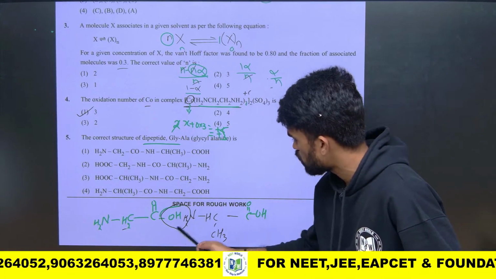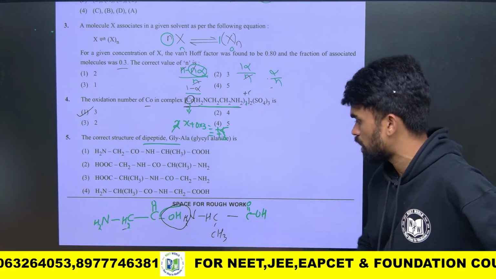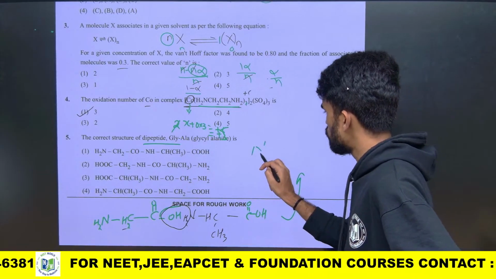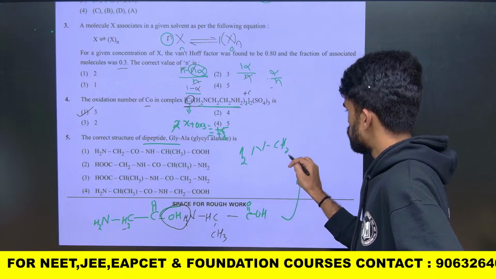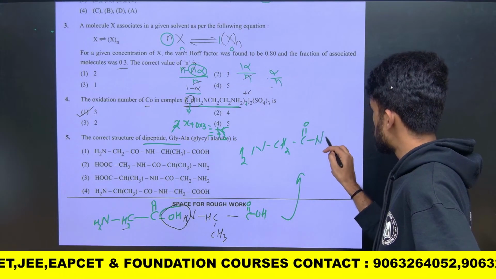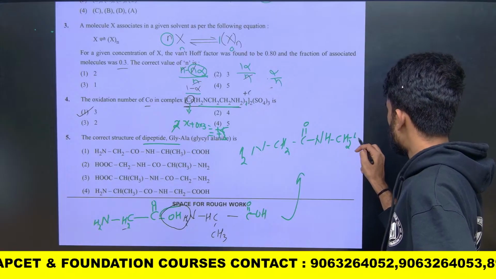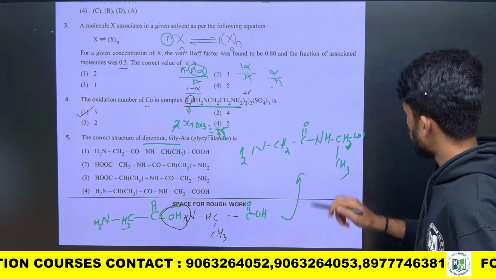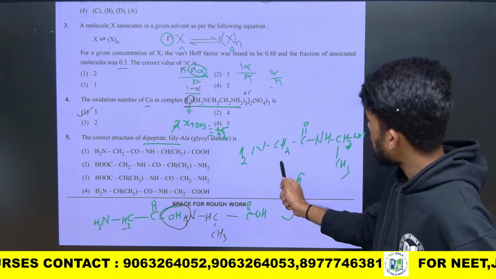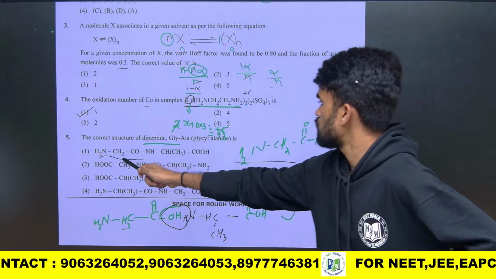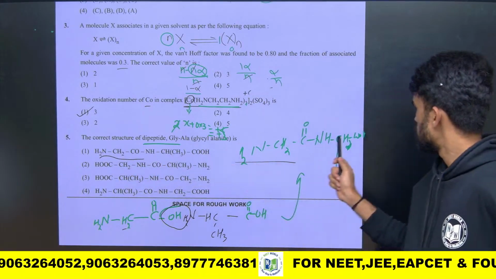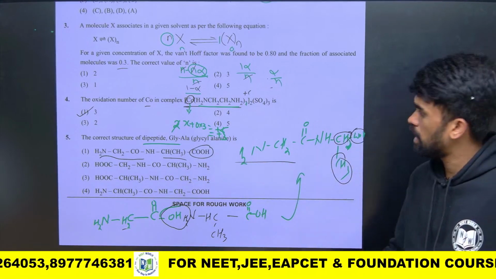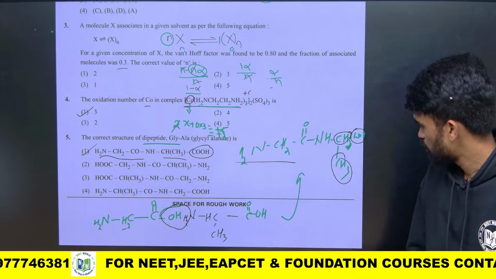By removing this water molecule, OH from the carboxylic acid and H from the nitrogen of this amine group, what we get is NH2 CH2 CO NH CH CH3 COOH. So we have option 1 similar to this, NH2 CH2 CO NH CH CH3, and COOH. I hope it is clear. Option number 1 is correct for this question, right? Okay, let's move further.